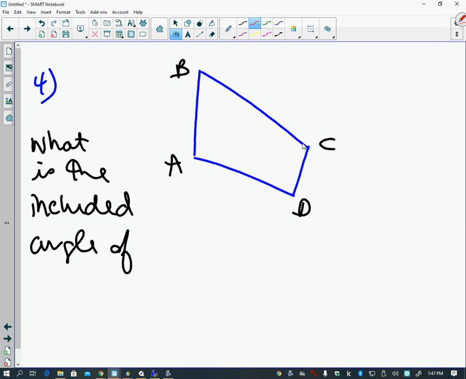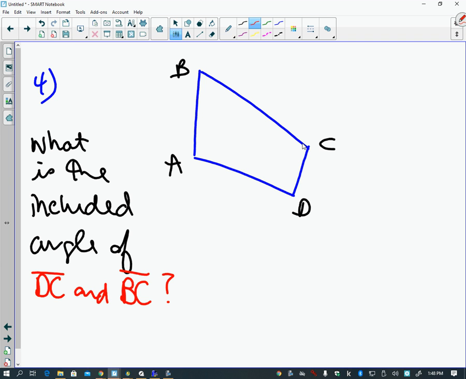Let's say DC and BC. What's the included angle of DC and BC? What is the included angle of DC and BC?